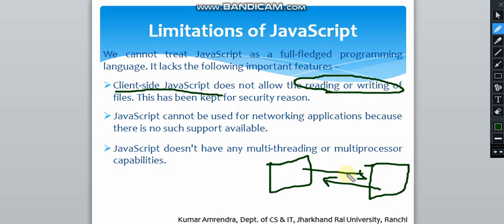The last one is that JavaScript does not have any multi-threading or multiprocessor capabilities. That means at a time only one process can run, and there is no feature of multi-threading and multiprocessing in JavaScript. So these were the limitations of JavaScript.